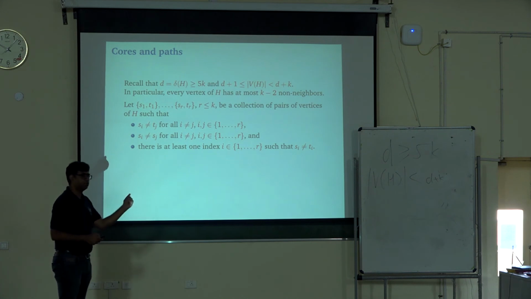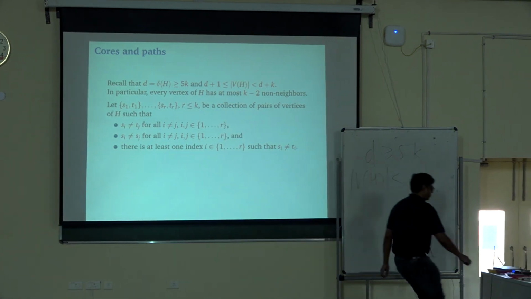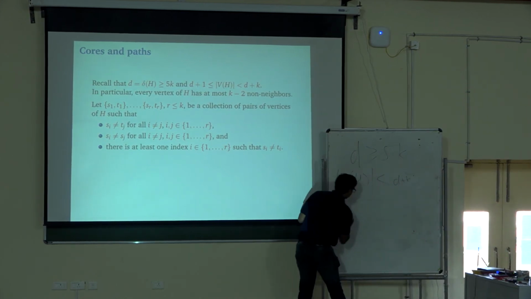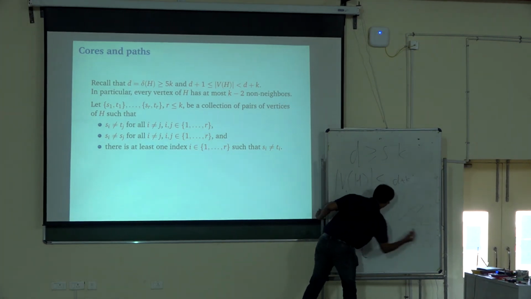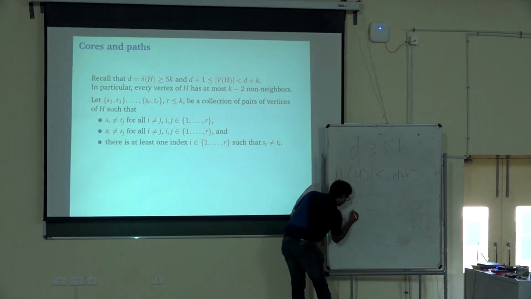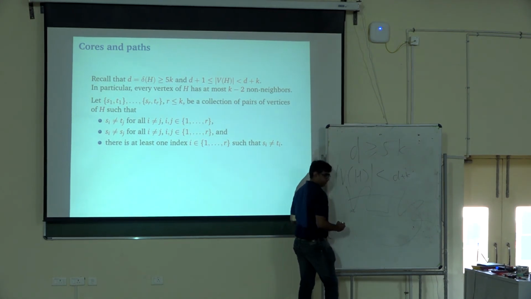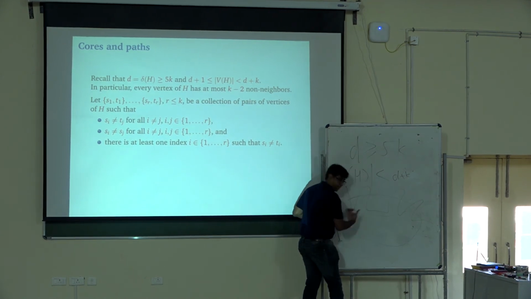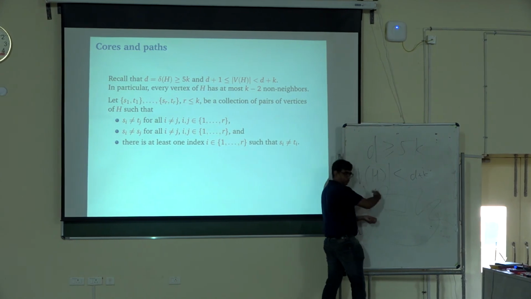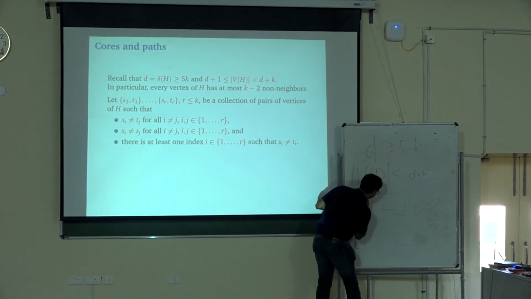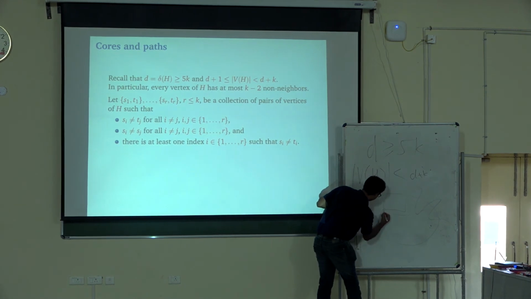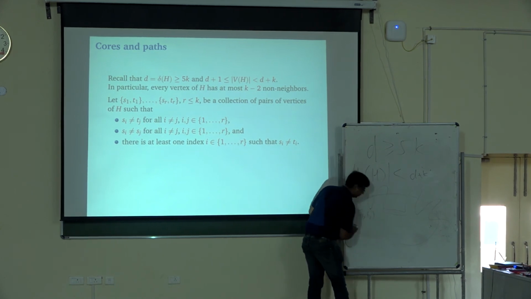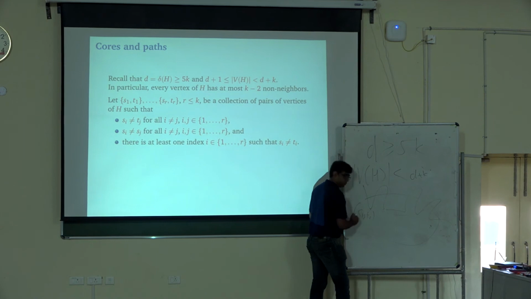I am not telling you that Si and Ti cannot be the same, because what I am trying to model is exactly this: here is my code, and here is my cycle. So suppose this is one vertex, and I want to say this is S1, T1, where S1 will be equal to T1.